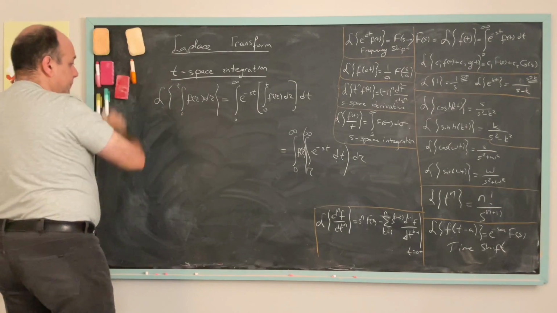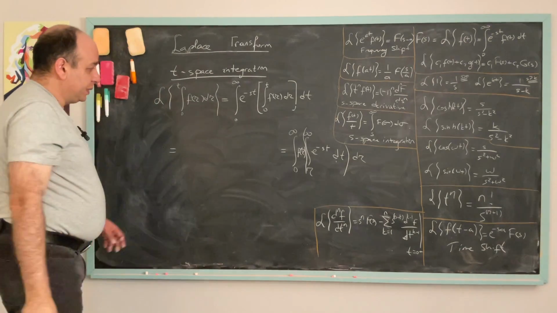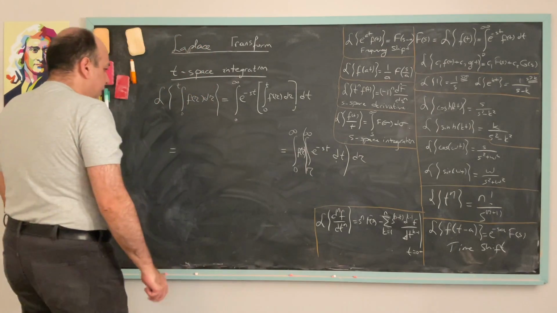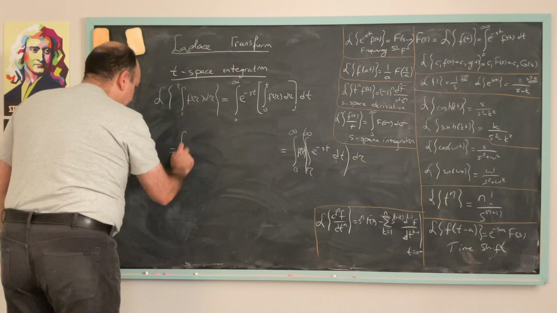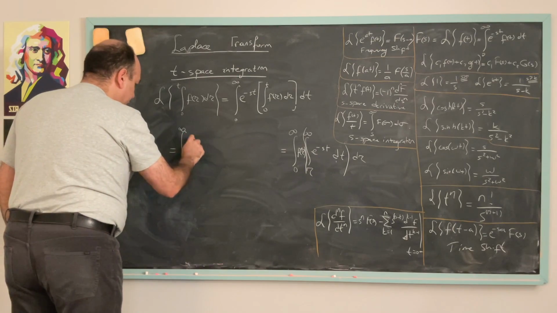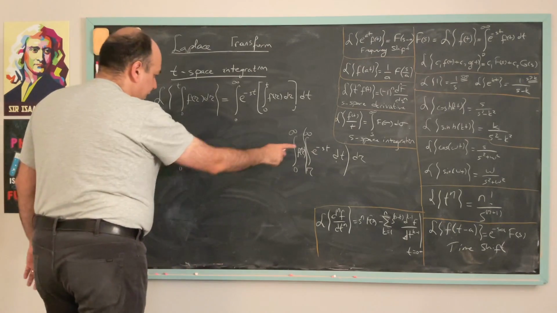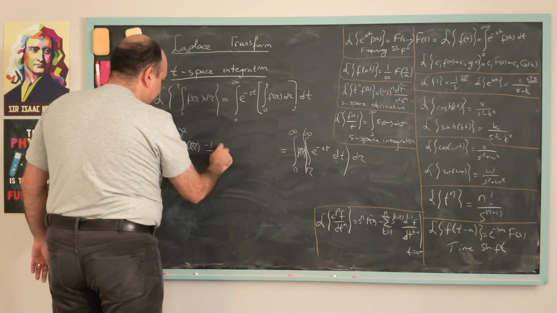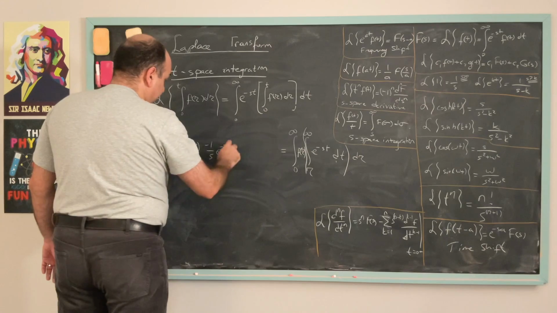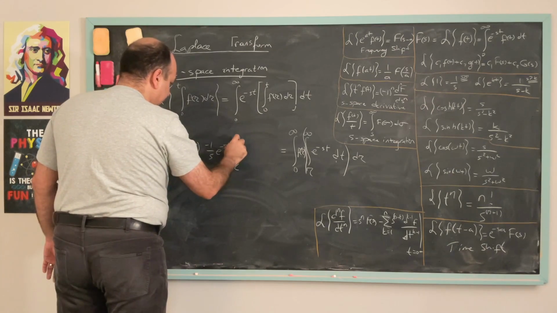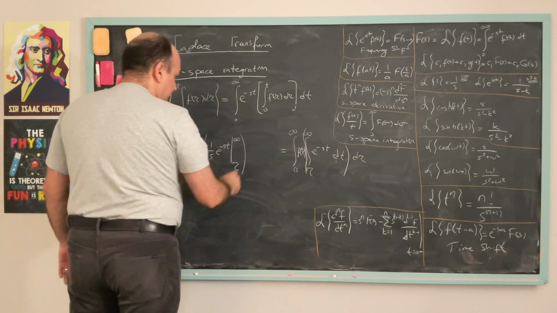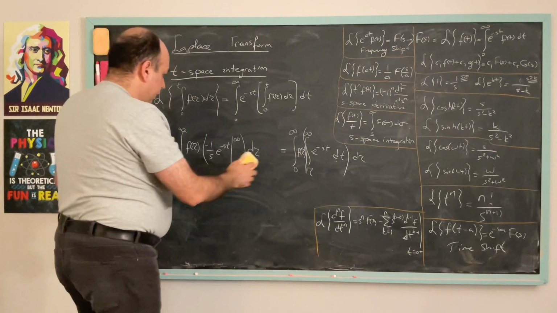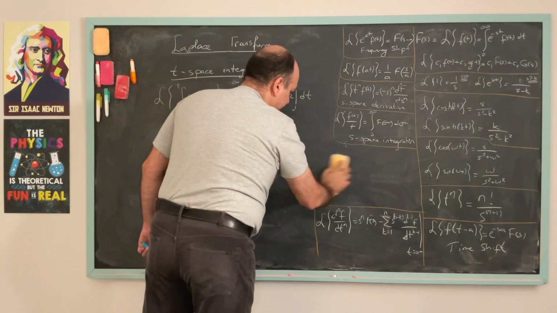When I do that, this gives me e to the minus st. The integral of that with respect to t is minus 1 over s e to the minus st, times f of tau, with limits from tau to infinity, and then I still have d tau. Okay, this is good. I can move from here.